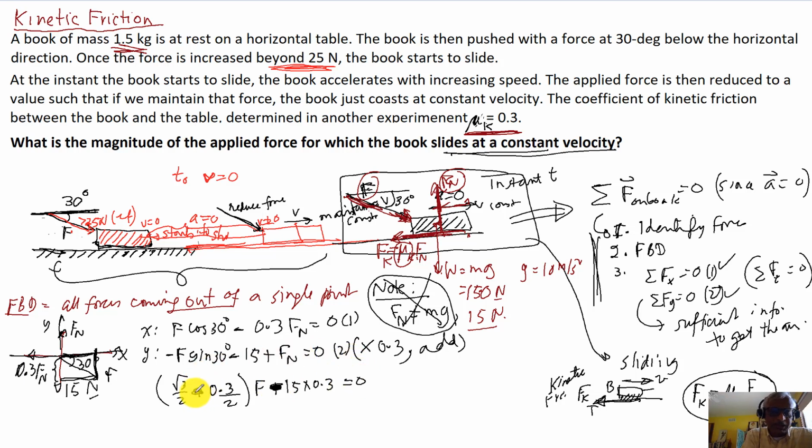I'm adding, so this will be negative. Okay, so clearly we got F is equal to 4.5, over square root of 3 minus 0.3, and this is going to be times 2. So that's the answer.